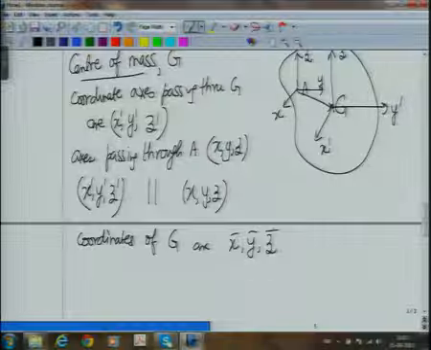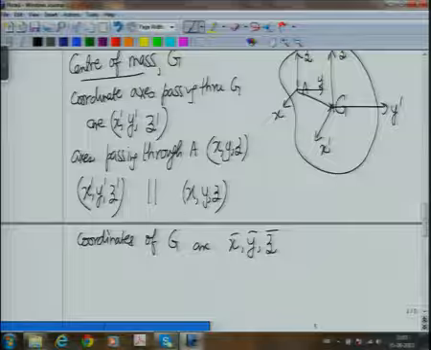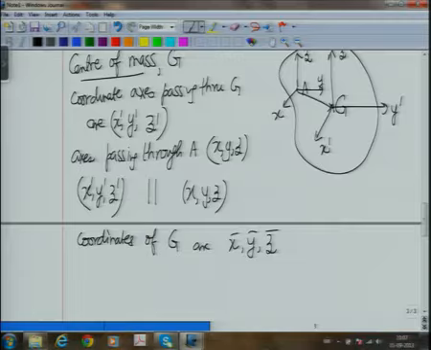From which axis? Obviously from the axes at A, which we are calling x, y, z. So the point G has coordinates x bar, y bar, z bar.